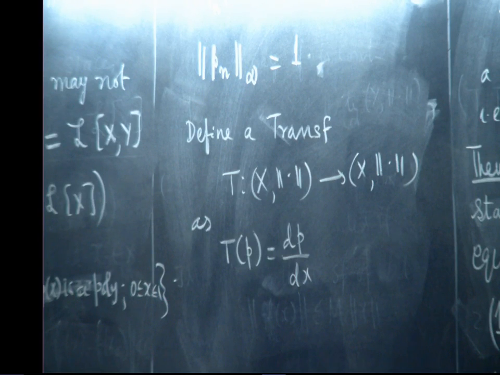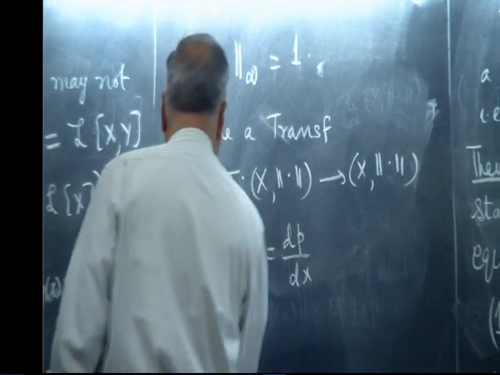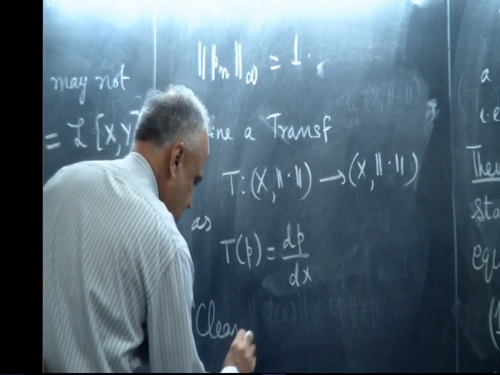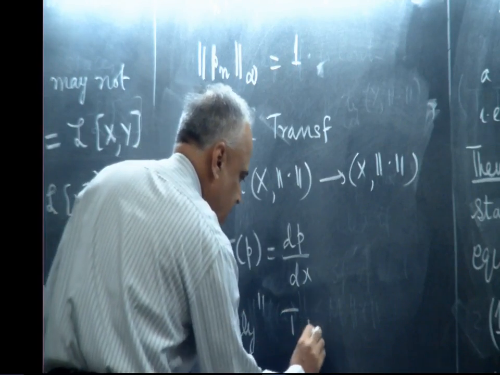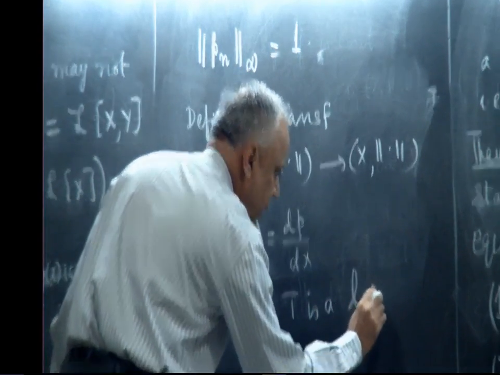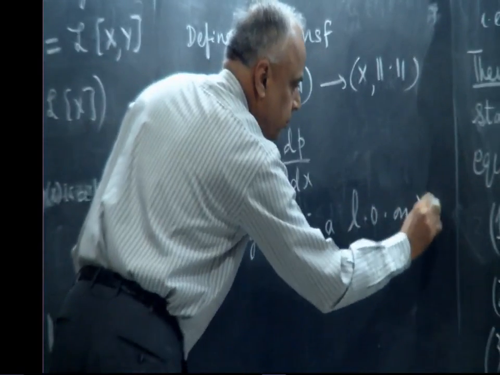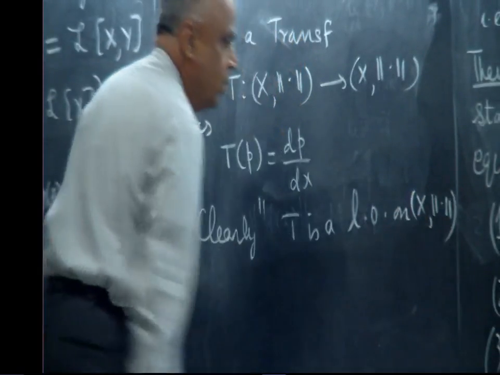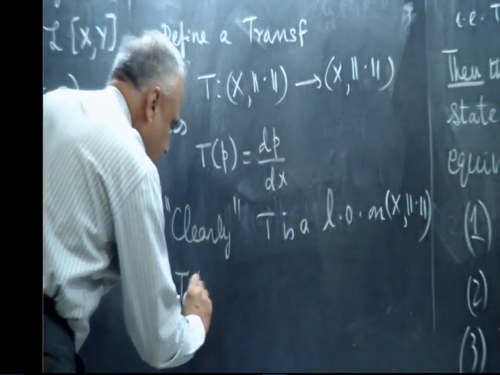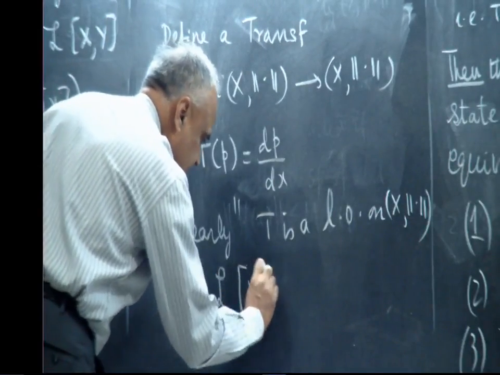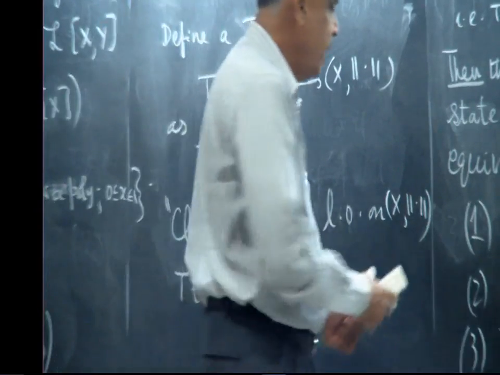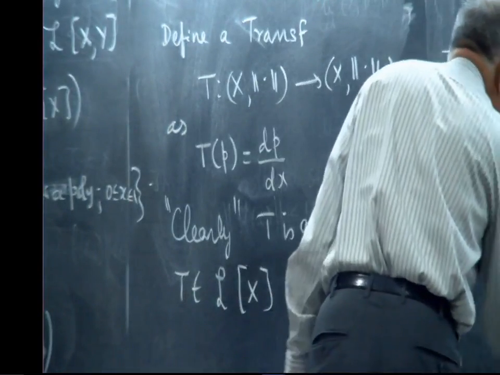And again, differentiation is a linear operator. The derivative of a sum is the sum of the derivatives and constants can be pulled out. Therefore, it is a linear operator. Clearly, T is a linear operator on X. So, we have T belongs to L(X), the space of linear operators on X.